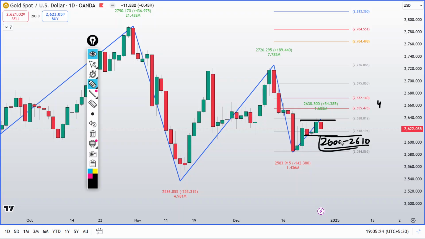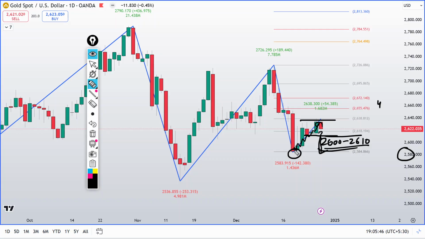If price closes below this, then we can expect a decline and a retest of this level. Yes, 2580 or 2585 is a very good level and a very good support, because we have seen a good recovery, but as the volume was low, we have not seen a very good pace.